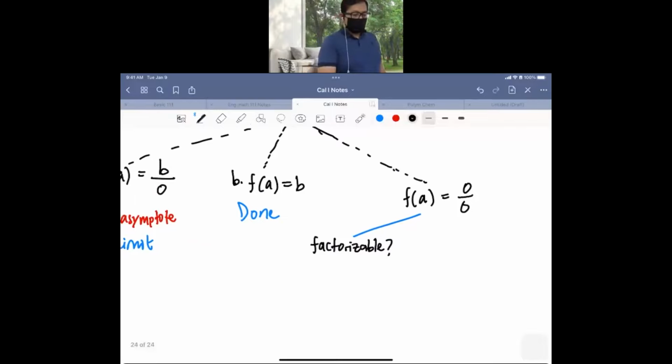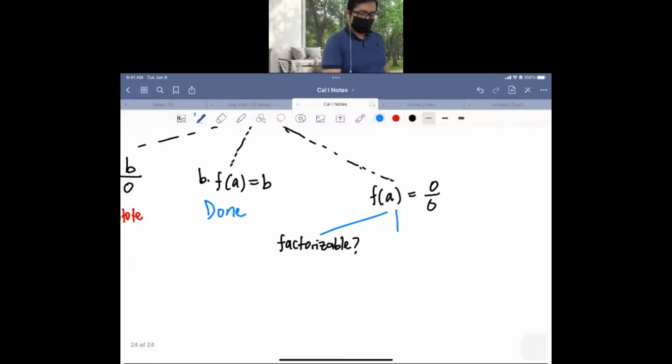So try to factor it. Second, is it possible to rationalize or use the conjugate?